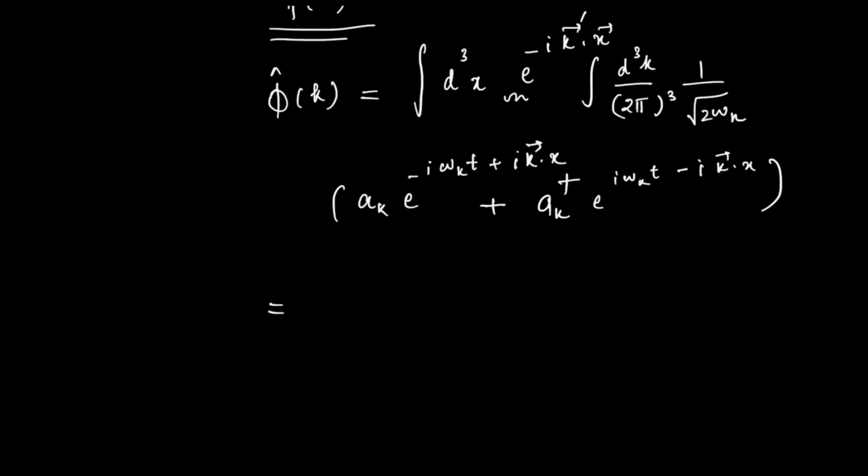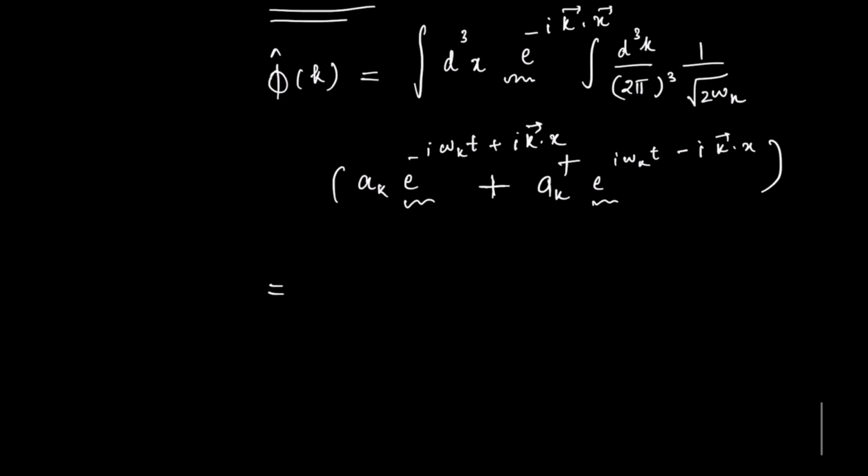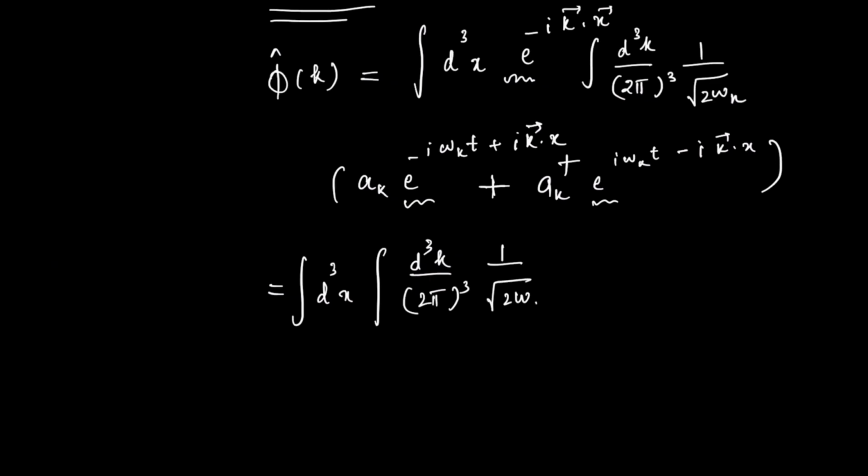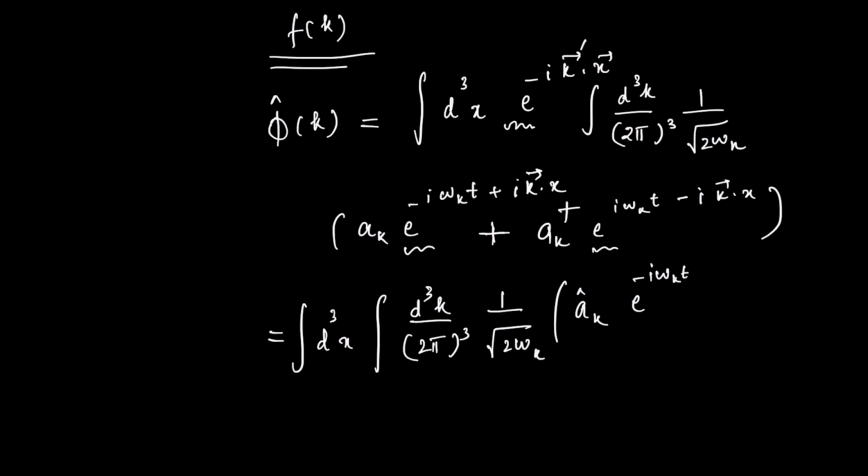I can multiply this e raised to i k dot x, all the exponential together, into these two terms. I can take it inside the bracket and multiply to each term. Then I'll get integral d cube x, integral d cube k by 2 pi cube, 1 by root of 2 omega k. Now inside the bracket I have ak multiplied by e raised to minus i omega kt, then I have ikx and minus ik prime x.